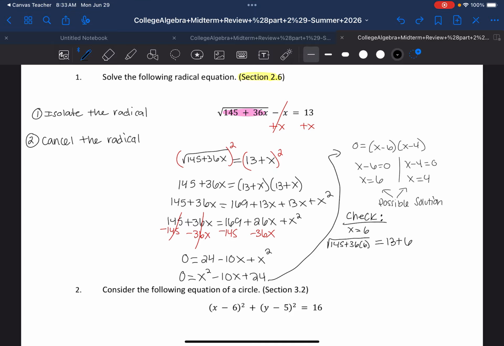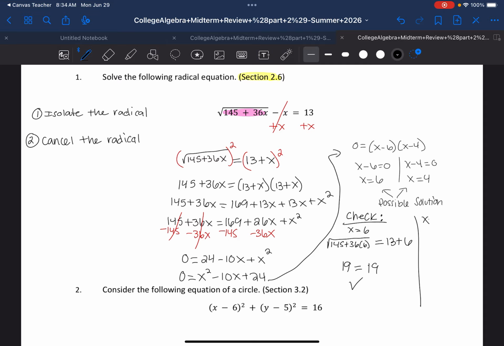Okay, so plugging that into my calculator, 145 plus 36 times 6. So this whole thing gives me 19 if you typed in this whole expression here in your calculator. So the square root of all that is just 19. So the square root leaves. And 13 plus 6 is also 19. So that one works. So x equals 6 is a solution.